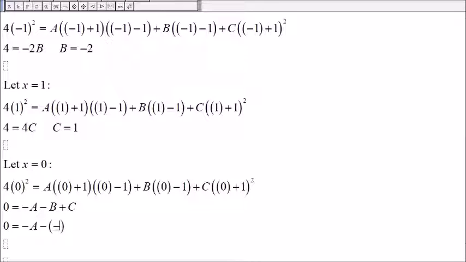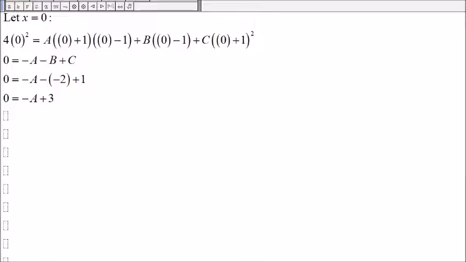So in the place of b we have negative 2, and then in the place of c we have 1. So this will be negative a, and then minus negative 2 is 2, 2 plus 1 is 3. And then subtract 3 from both sides.